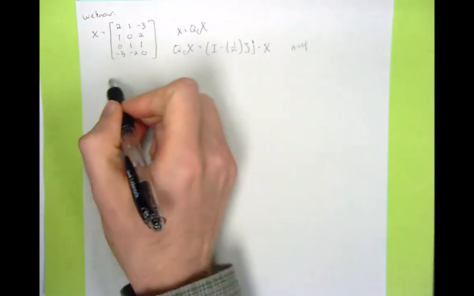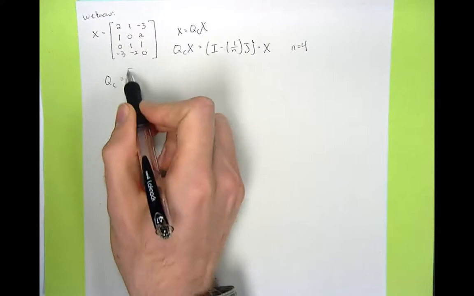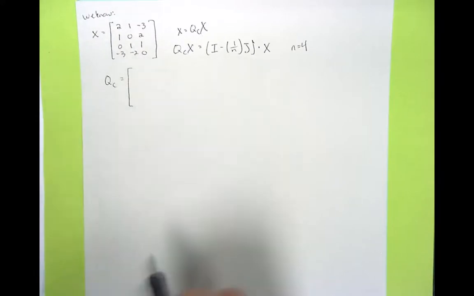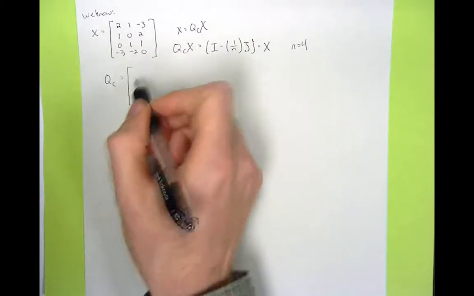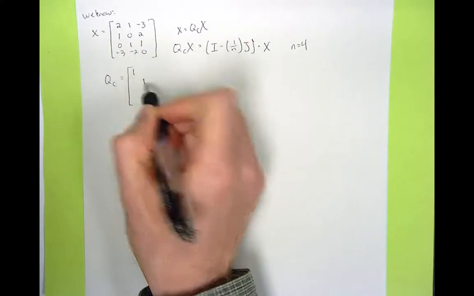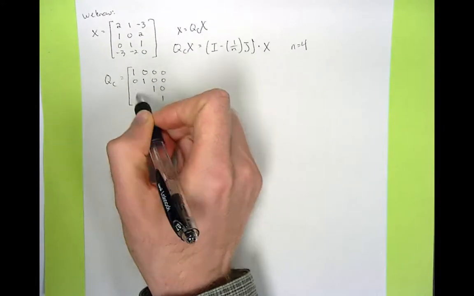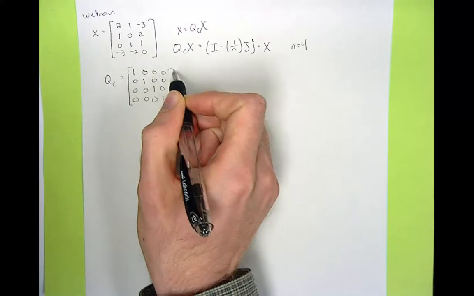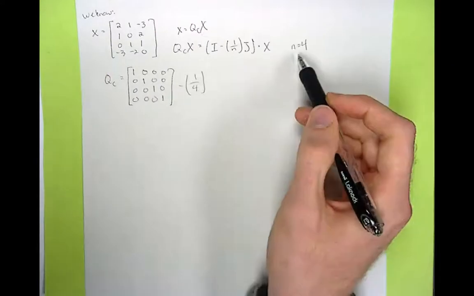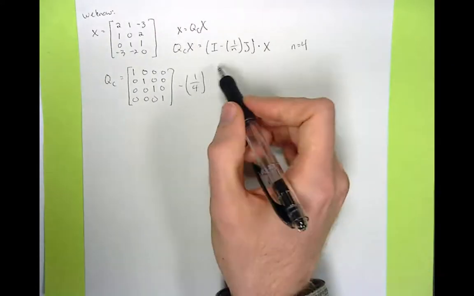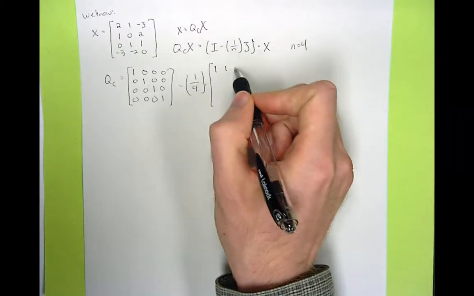So let's take our centering matrix, Q. We know that is equal to the identity, so the identity is just 1s on the diagonals with 0s everywhere else, minus 1 over 4, and n is 4, times j, and j once again is just 1s, so we need a 4 by 4 j matrix.